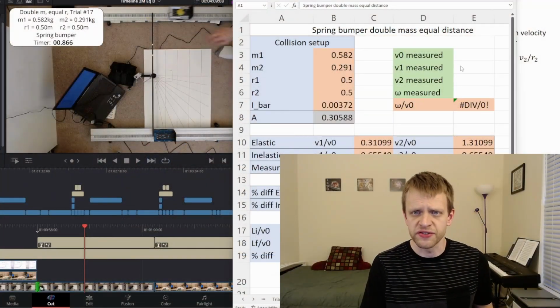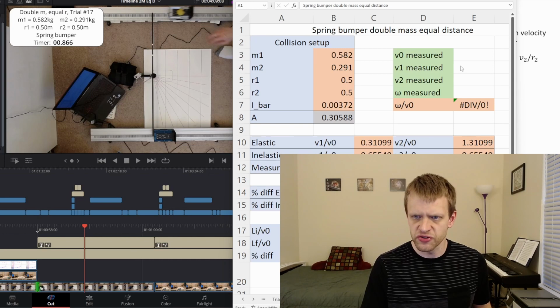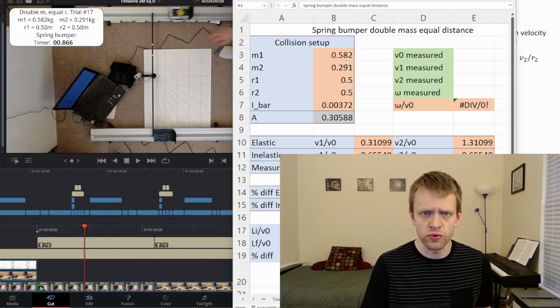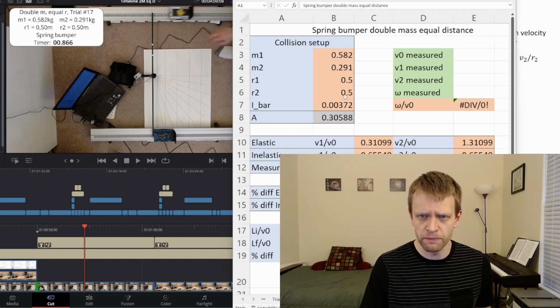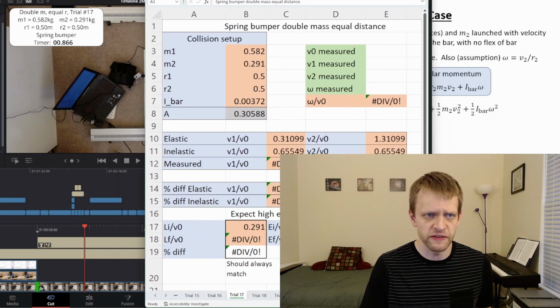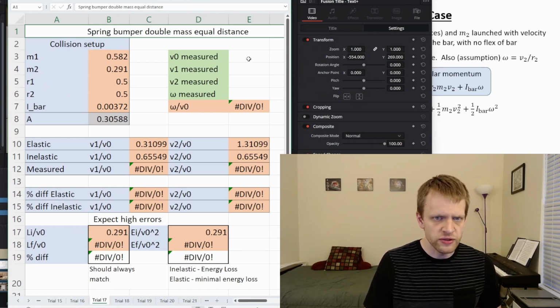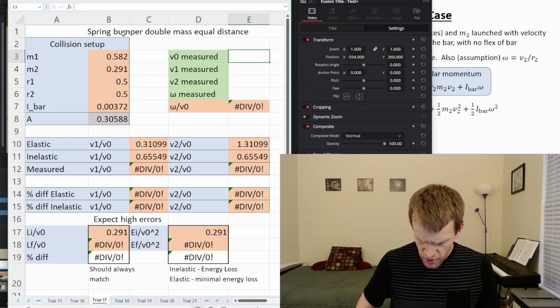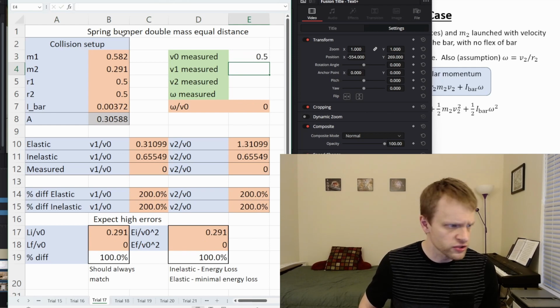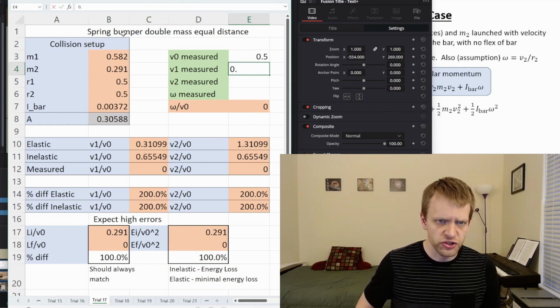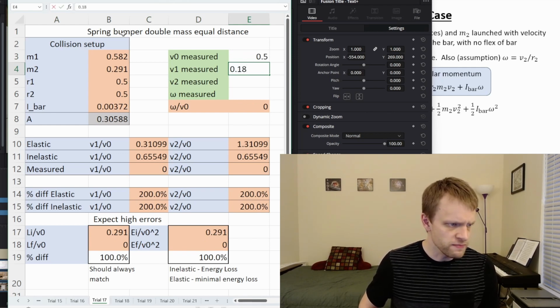Okay, next set. Trials 17 to 20 are double the mass at equal distances. So again, we got the masses in there. We've got both distances as 0.5 meters. And let's run through the trials. So trial 17, this was with a spring. Initial velocity before the collision was 0.5. After the collision, object 1 was moving at 0.18 meters per second.